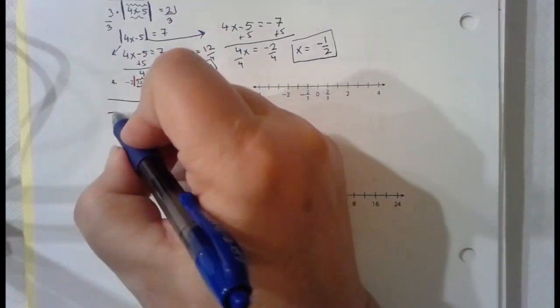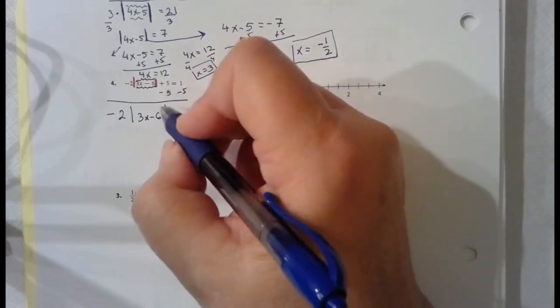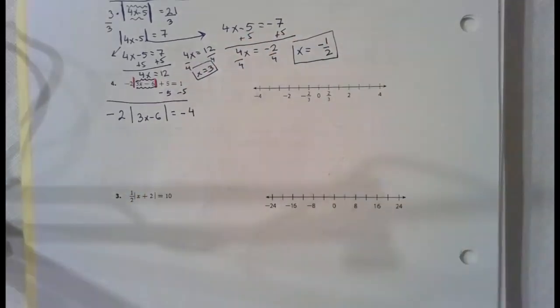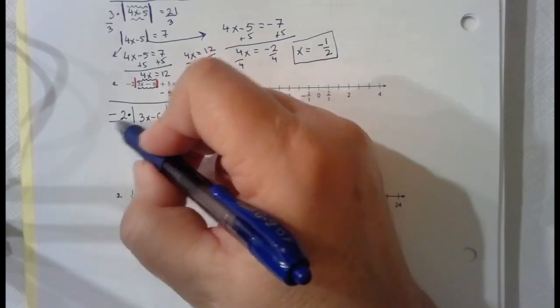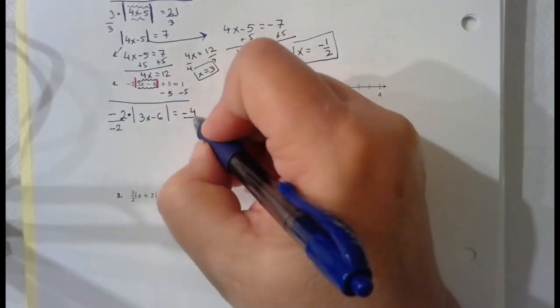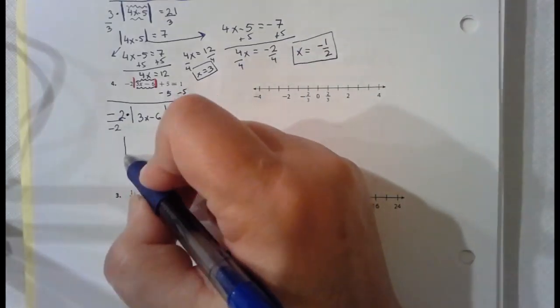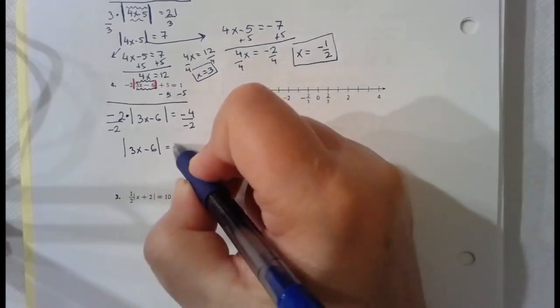So I have -2 absolute value of 3x minus 6 equals -4. And now I need to get rid of the -2. I know this is multiplication, so the opposite is division. And I'm noticing that I have a negative and a negative, which is going to turn into a +2.